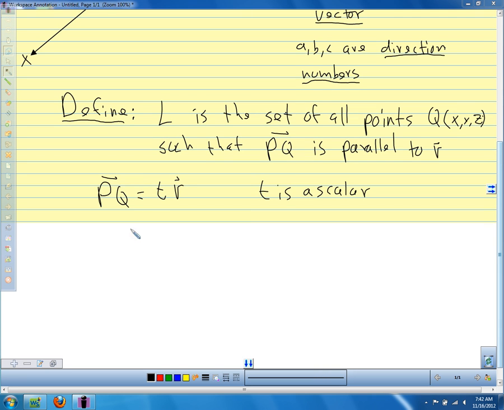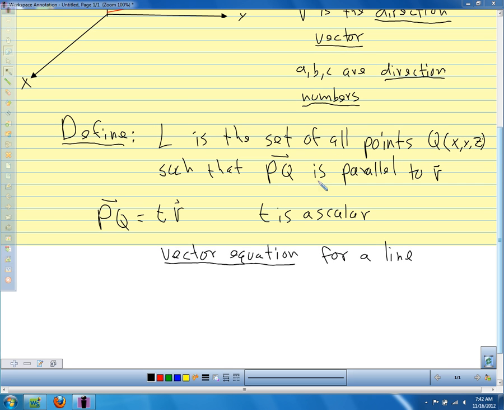This is the vector equation for a line. So we have this nice clean expression for a line in space. All we need are the points Q such that, given a point P, the vector PQ is a scalar multiple of our direction vector.